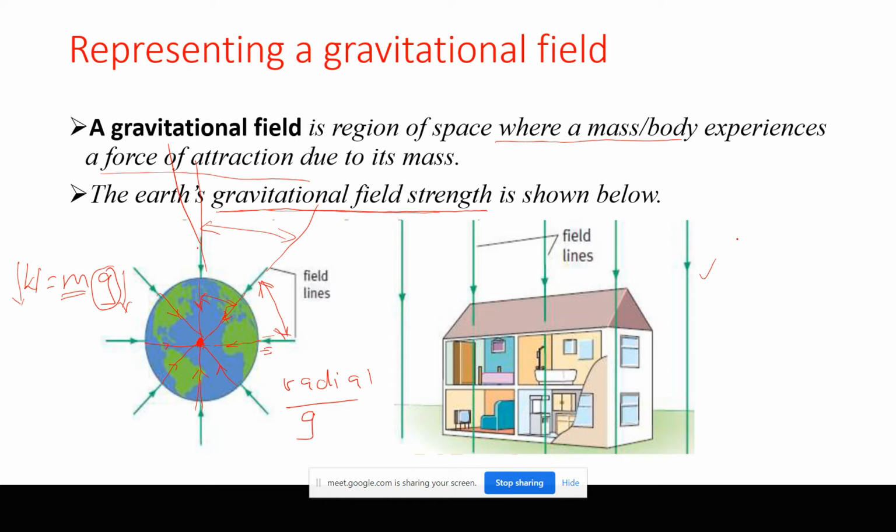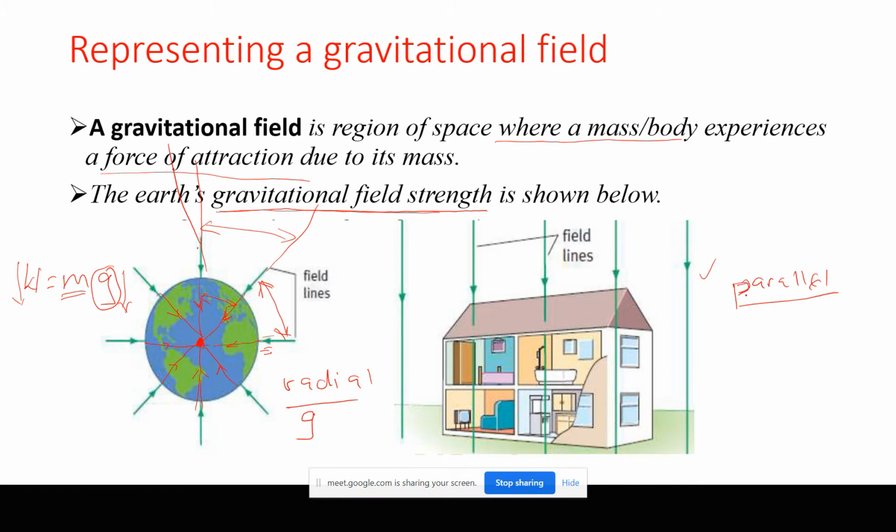Then what happens? The scale of a building is very, very small compared to the Earth as a whole. On the scale of a building, the field lines are very, very close to each other, so they appear almost parallel to each other.